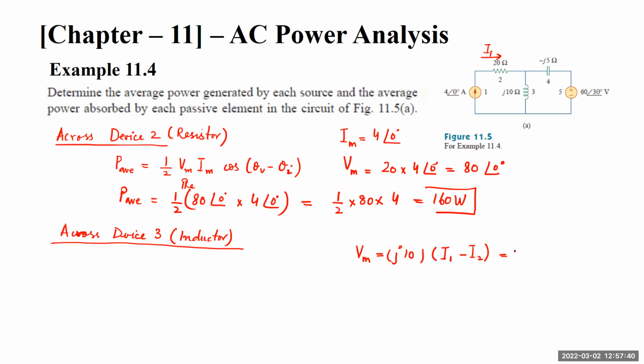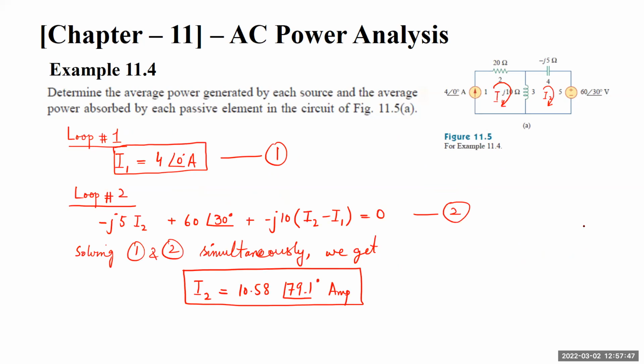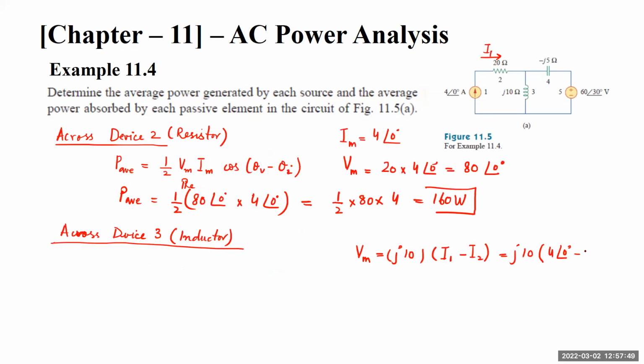So J10 times (I1, which is 4 angle of 0, minus I2, which is 10.58 angle of 79.1 degrees). This is the current, and eventually my Vm will be J10 times this.